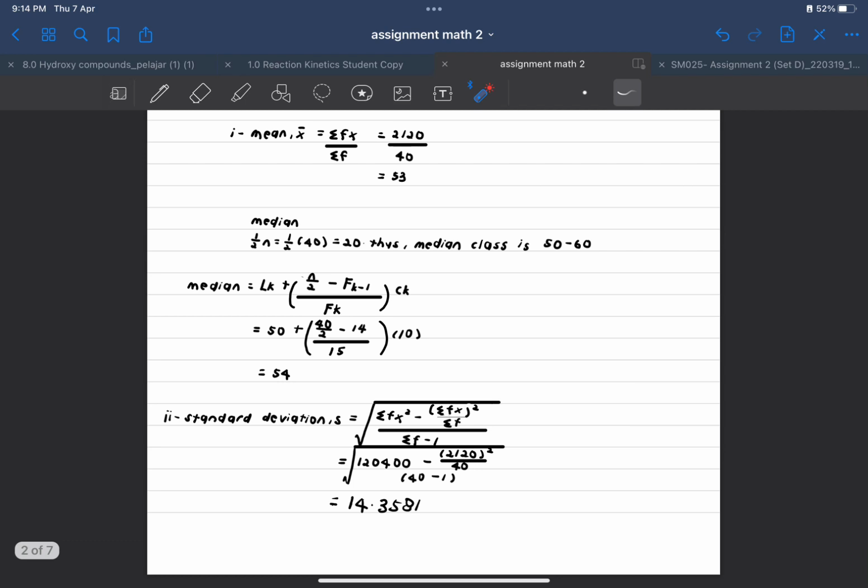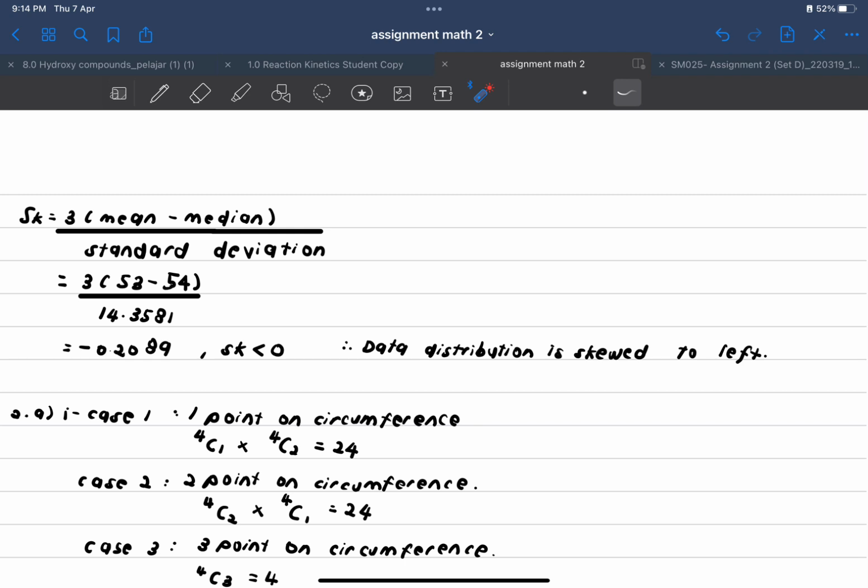We will get the square root of 120400 minus bracket 2120 bracket square divided by sum of f, which is 40, and then we divide by 40 minus 1. So we will get the answer 14.3581.